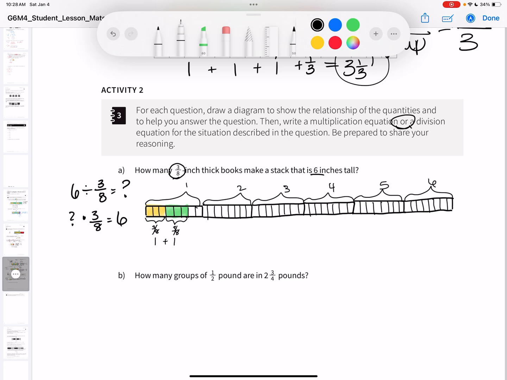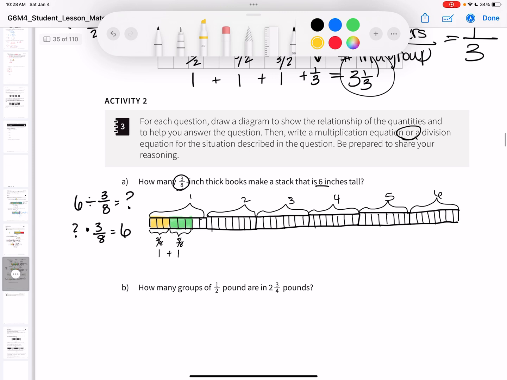Which is adding another one, right? And then here's another 3, and here's another 3, and another 3, and another 3.